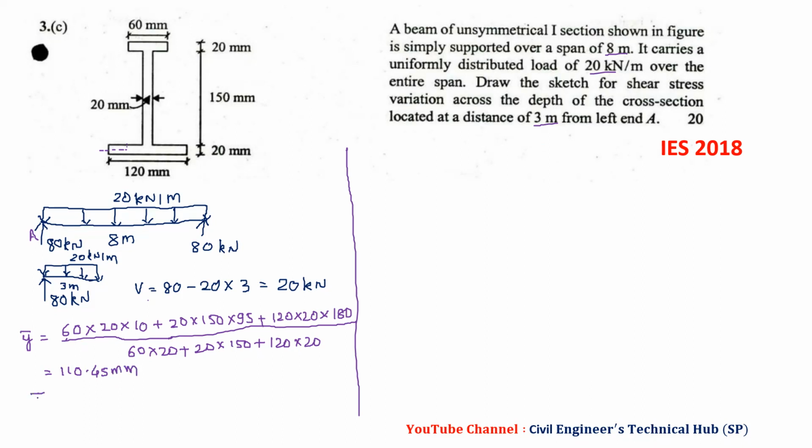Then we have I, and the formula is I CG plus A into h square.